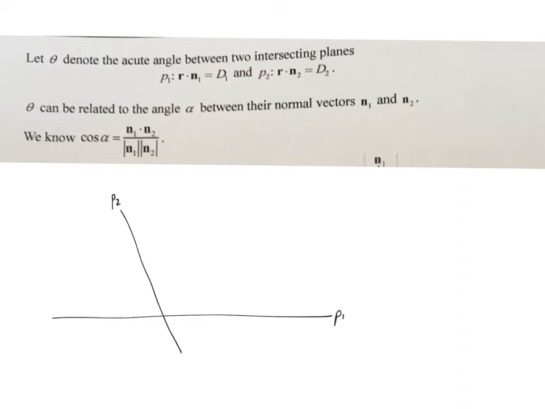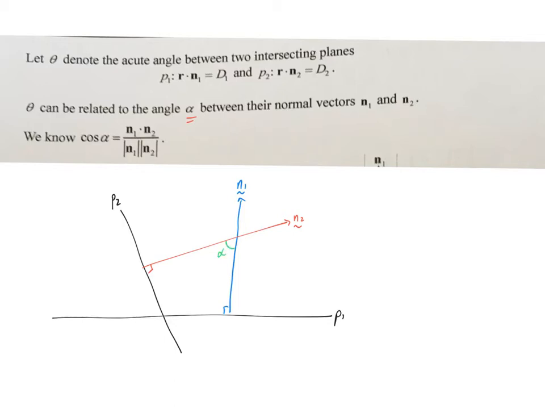For plane 1, let me call the normal vector n1. For plane 2, let me use red color, the normal vector n2. n1 is normal to plane 1, n2 is normal to plane 2, and let alpha be the angle between their normal vectors. So alpha is over here.